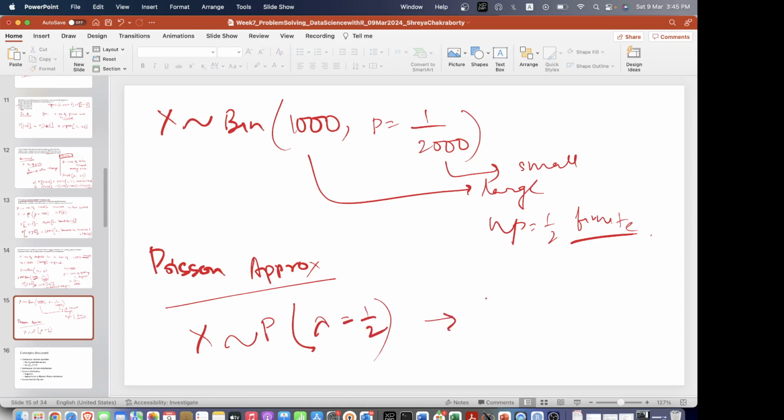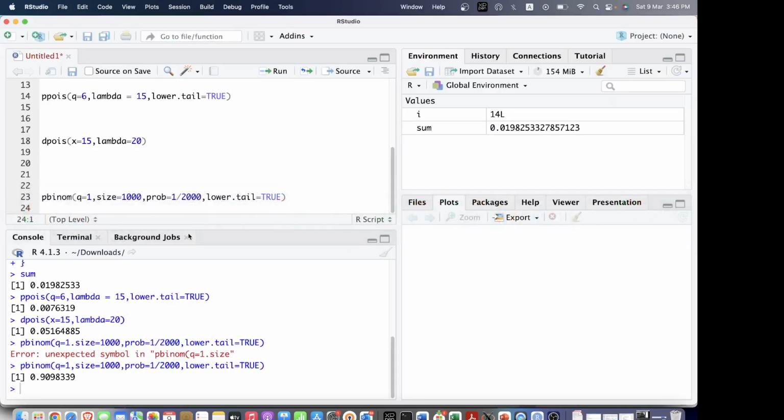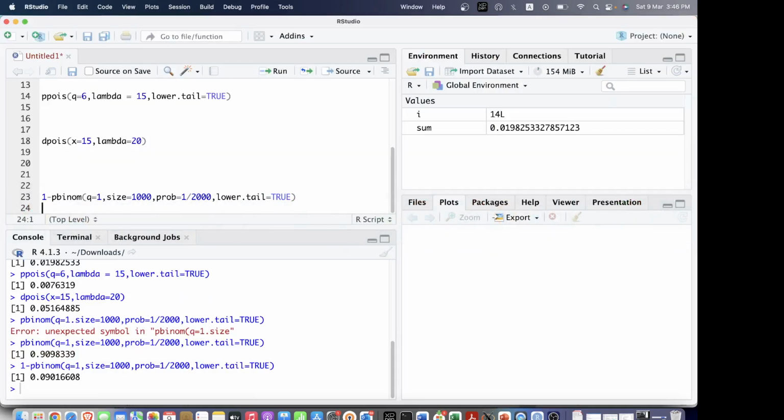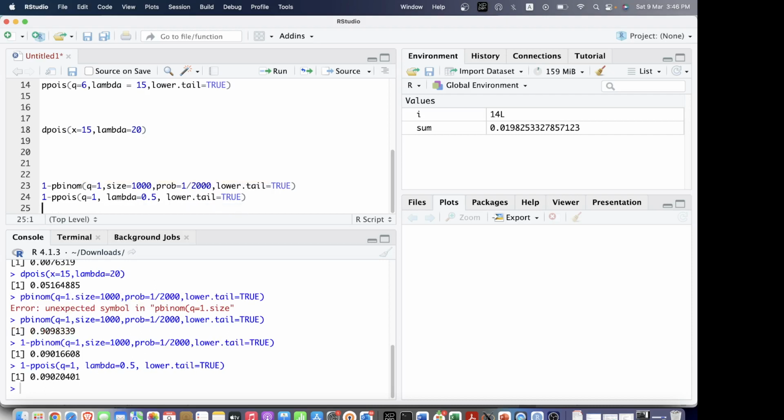The required probability x greater than or equal to 2 would be 1 minus probability x less than or equal to 1. So if I do 1 minus ppois, with q equal to 1, lambda equal to half, and lower.tail equal to TRUE, then also I am getting a close result.